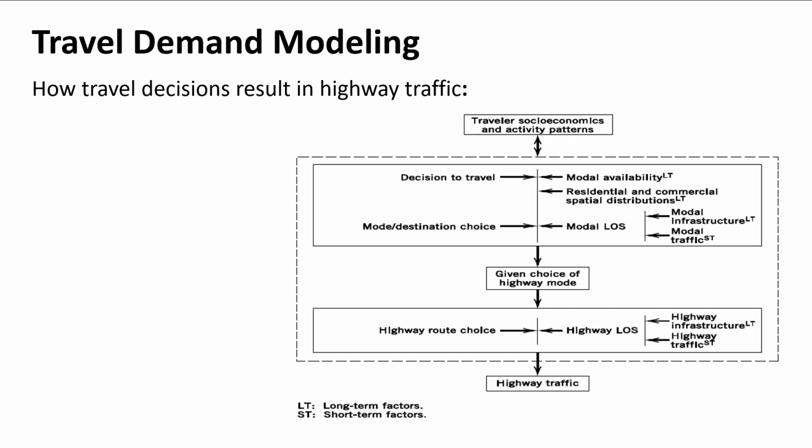Some people will drop their kids off every day and pick them up every day. If you don't have kids, you're not making that trip. So we can segment the population: if they've got children at home, and based on how many, that's one of their activity patterns. That's a socioeconomic and activity pattern.